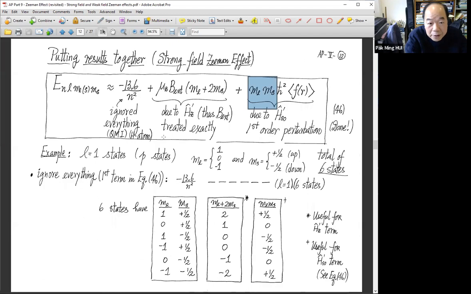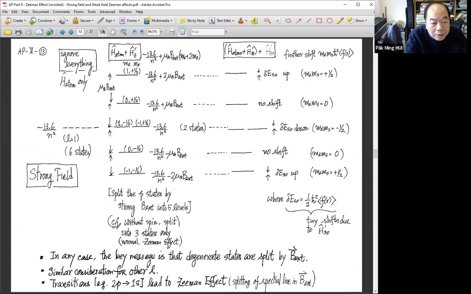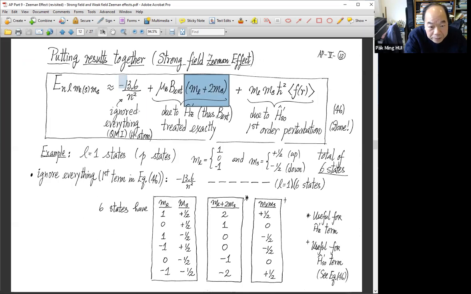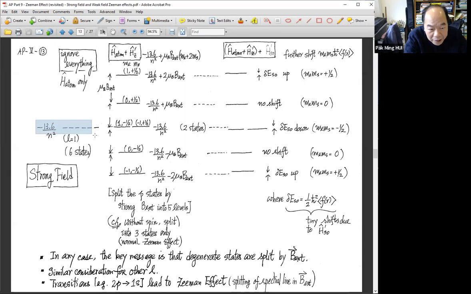At this point, let's handle the bigger part, strong field. If we ignore everything else, the atom part, P states, there are 6 of them. So I draw 6 states at the same energy. Now, let's consider strong Zeeman only.